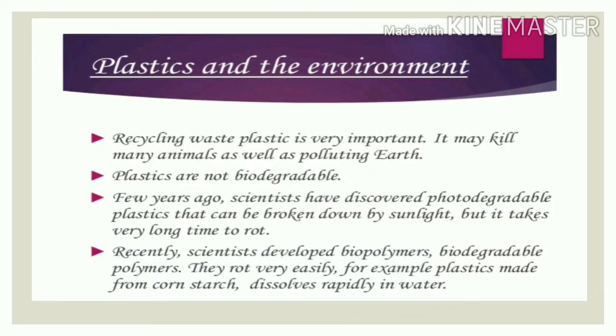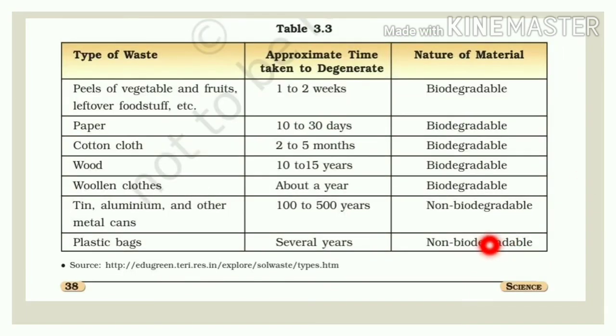And recently, scientists developed biopolymers, biodegradable polymers. They rot very easily. For example, plastics made from cornstarch dissolve rapidly in water. These are the examples of the new generation of plastic. Look at this table.